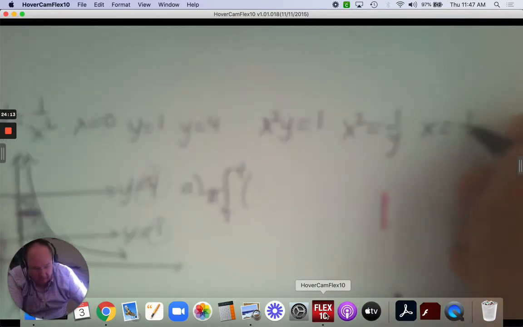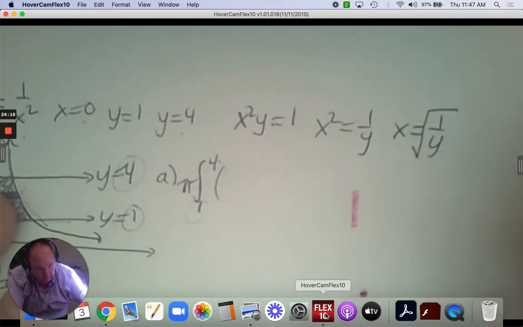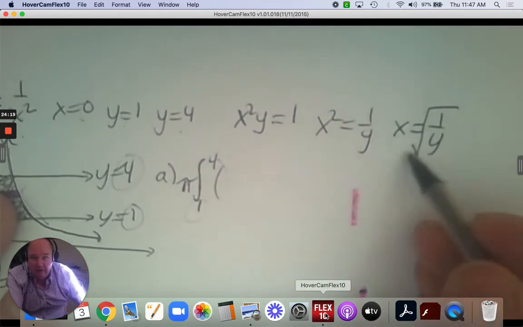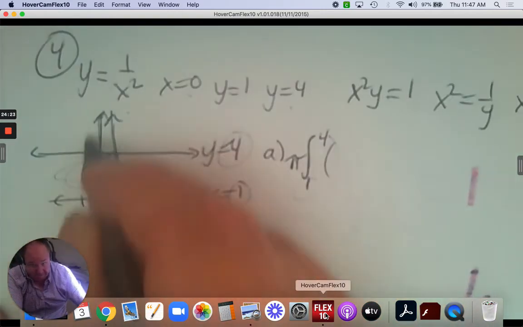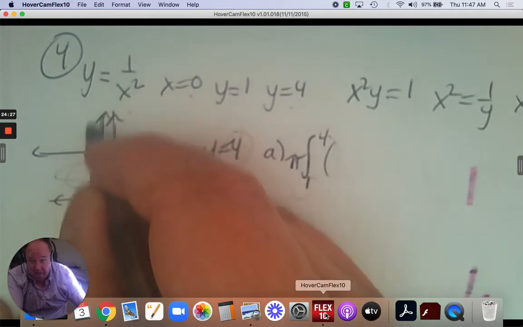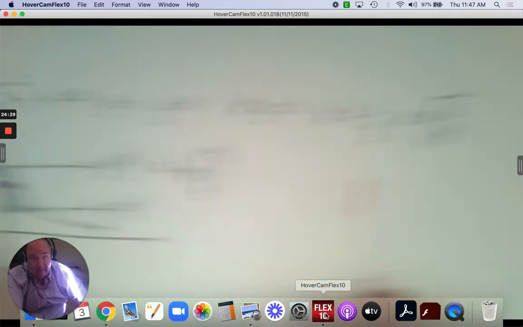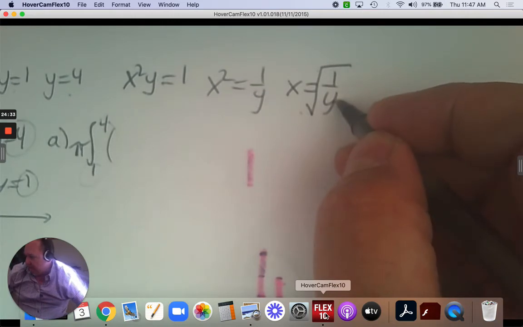Now I only want the positive square root. This is positive and negative. This is the positive. The negative would be on the left. I don't even need that. It stops at 0. So I don't need the negative, just the positive one. And it's the square root of 1 over y.